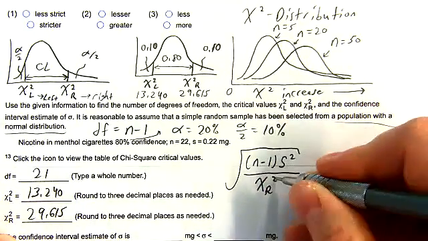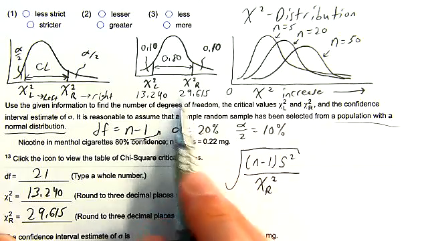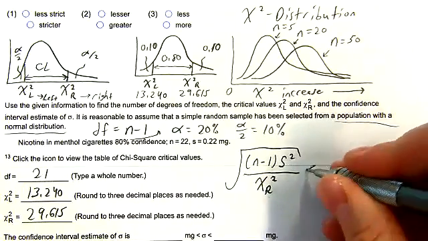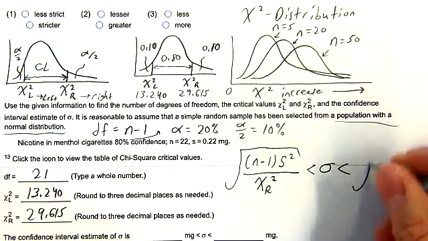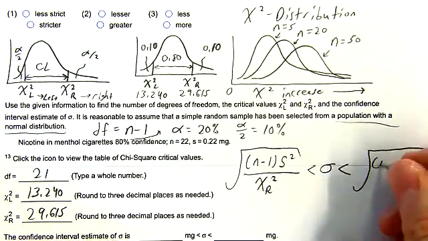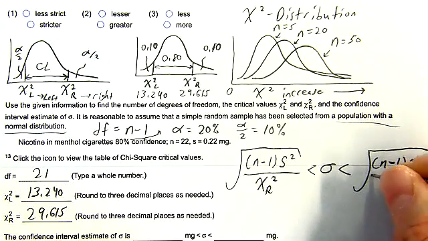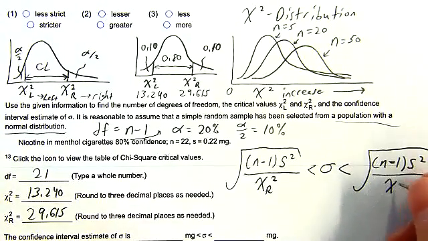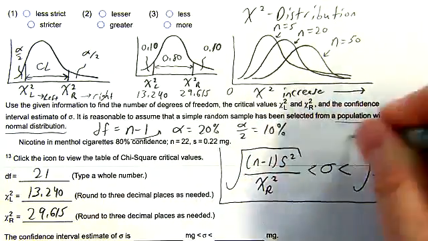And keep in mind, this 2 here does not mean I square the number. When I see chi r2, it's just this number we just looked up. That is the lower limit. That's going to sandwich our sigma, the population standard deviation, which is sandwiched on the upper bound by n minus 1 times s squared, same numerator. The only thing that changes is the denominator becomes chi-squared left. And that's the main equation we need today.